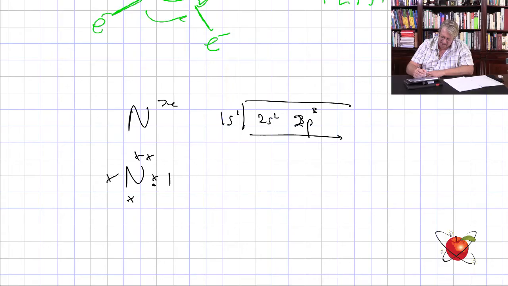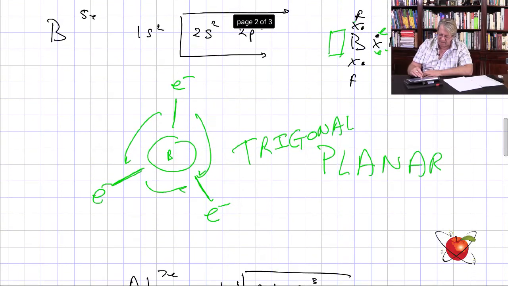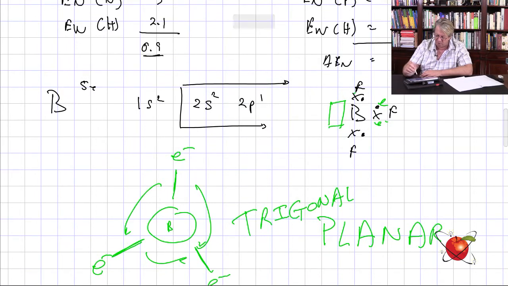Now, let's go back to our old faithful ammonia, and you'll see in the next section we're going to use ammonia a lot. Look at the difference here. The difference between them is this. Previously, remember, the boron had no electrons on that side. Okay, there's nothing there, it's empty space.